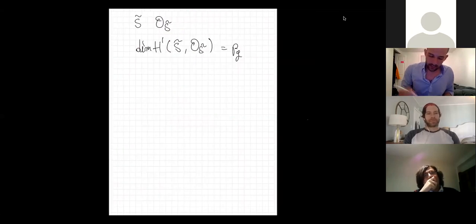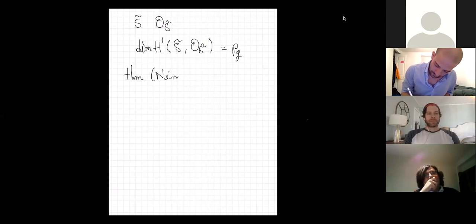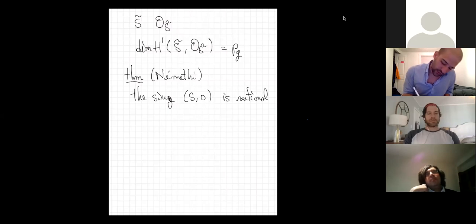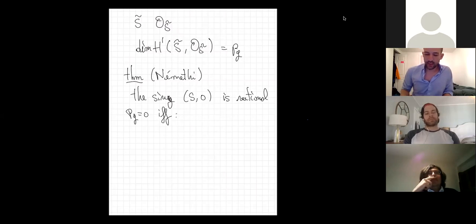Let me quote a theorem proved by Nemeti a few years ago. The theorem says that the singularity is rational, meaning that the geometric genus is 0, if and only if the following conditions are satisfied, and the following are indeed equivalent.